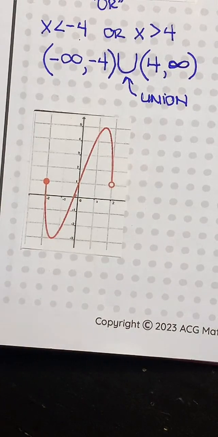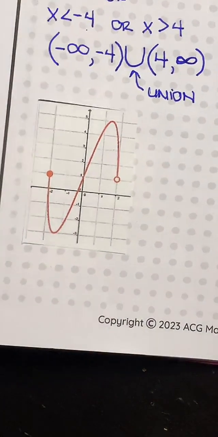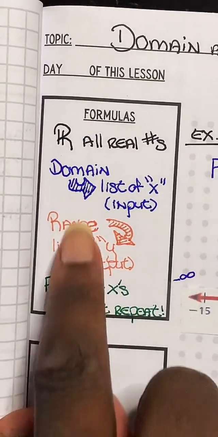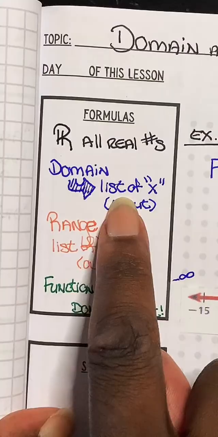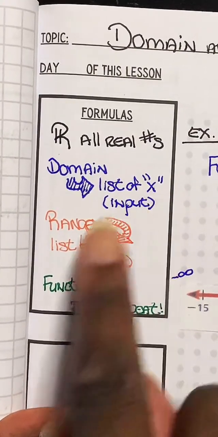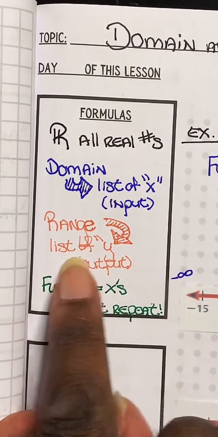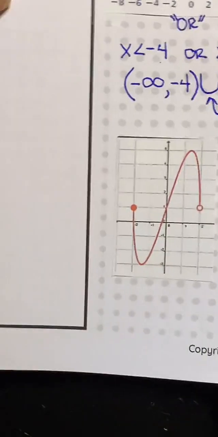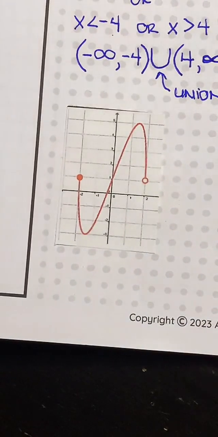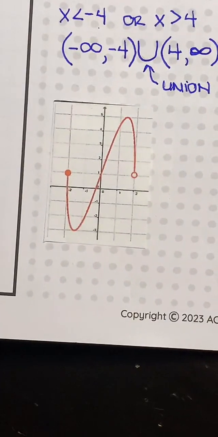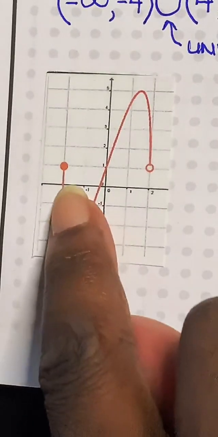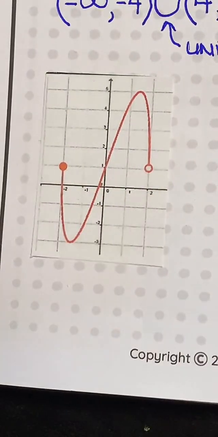All right. So now, just like I mentioned earlier, because I know some people are just coming in here. The domain is the list of your X's. The range is the list of your Y's. So if we want to get the domain of this figure, I'm going to zoom in before I start writing. The domain is my X's.